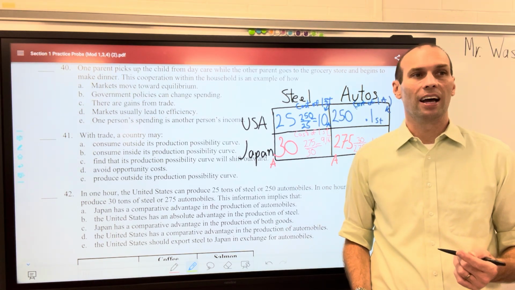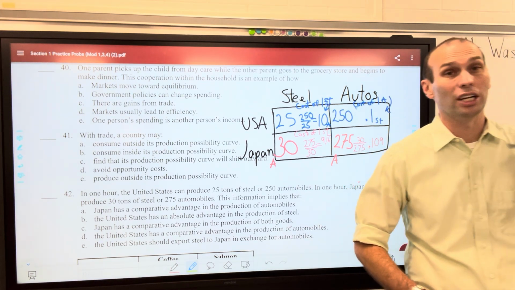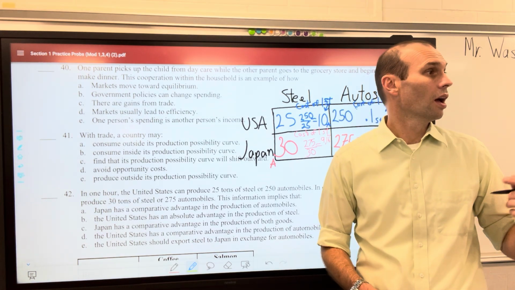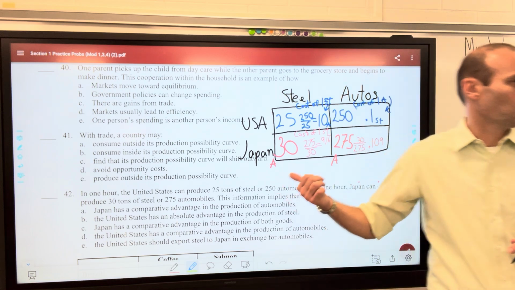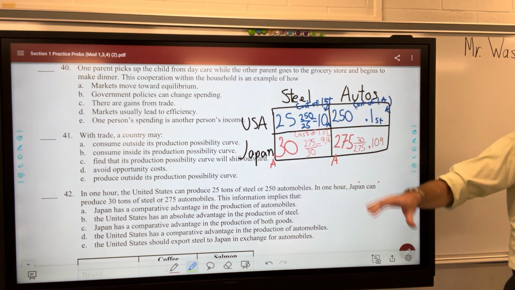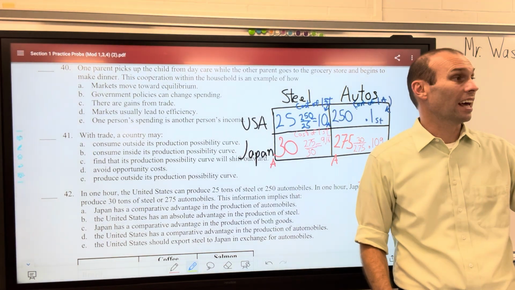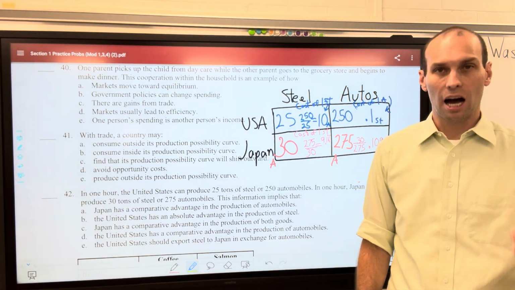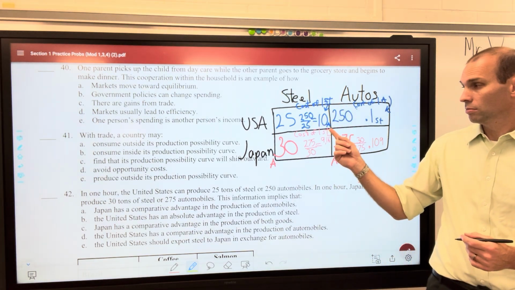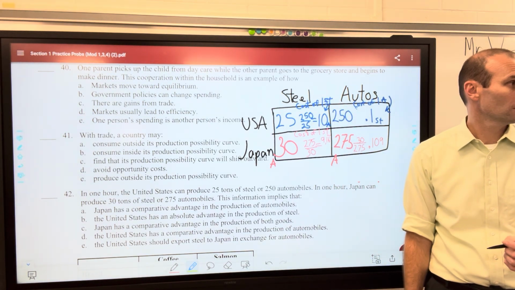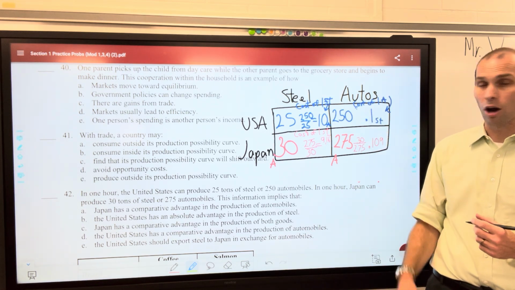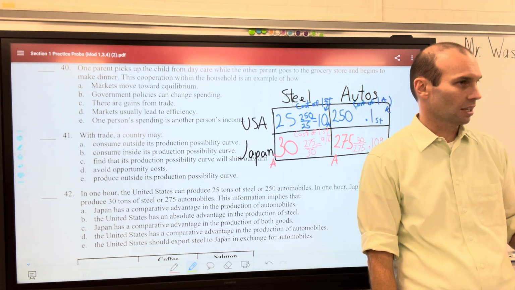Now you need to find the comparative advantage. Comparative advantage, again, what's that definition? They can produce the product for less money. Not less money, because where's money? Is there any money up here at all? No. Produce it at the lowest opportunity cost. So the cost of steel is in the form of cars, and the cost of cars is in the form of tons of steel.